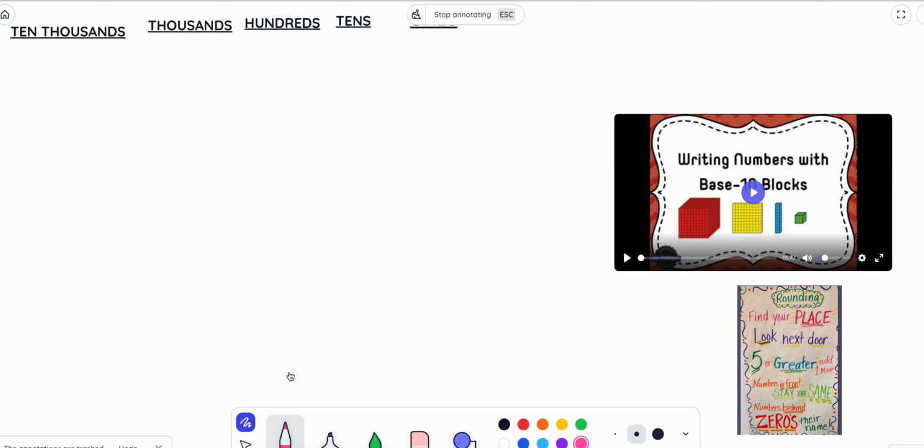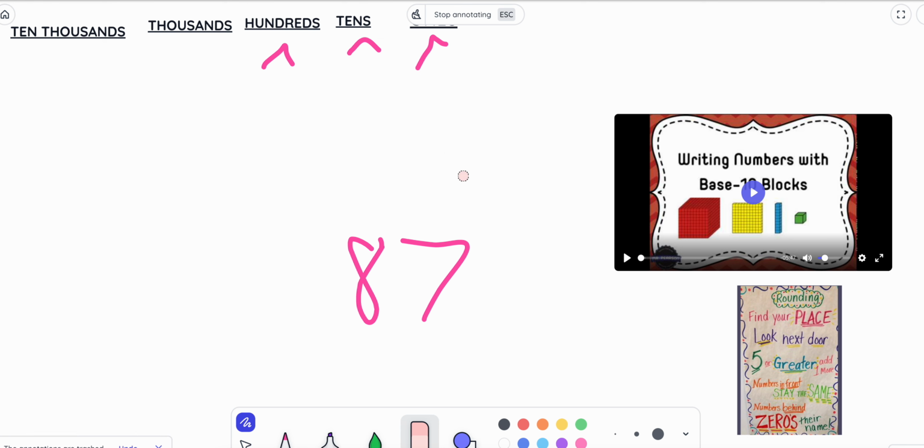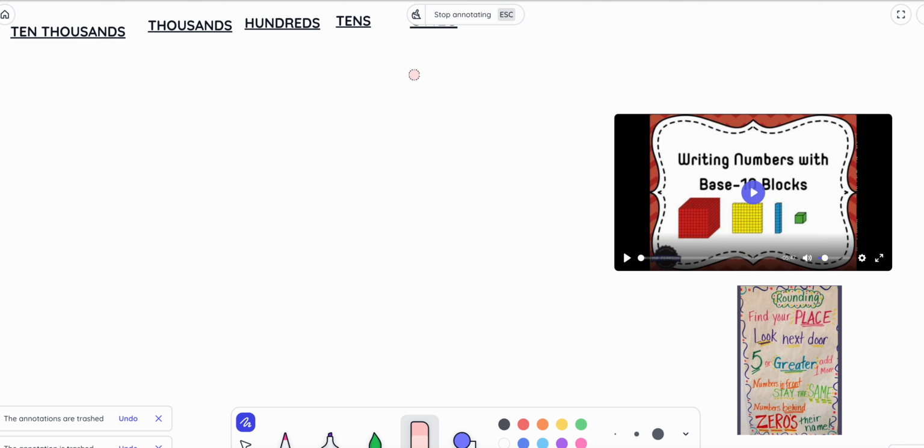So when you look at a number, you're going to start from the last digit and work your way up. So this would go to my ones, then you're going to work up to your tens, and then your hundreds. Now, this might seem like easy review for you, which is great if it is. If it's not, that's okay too. We're going to work together to get this done.